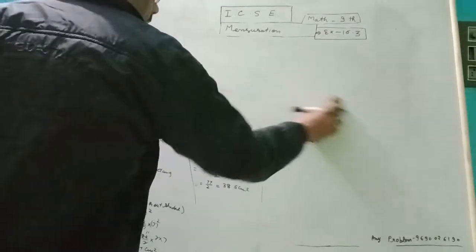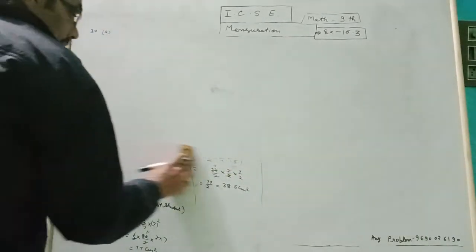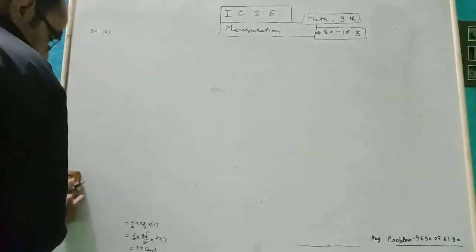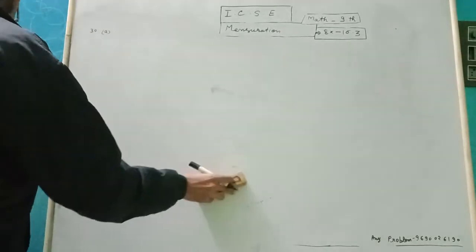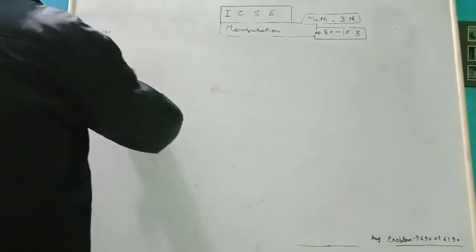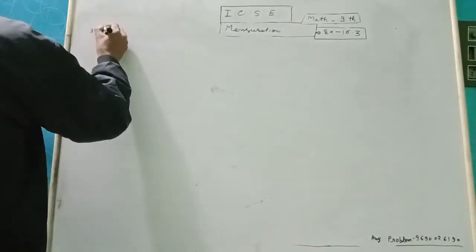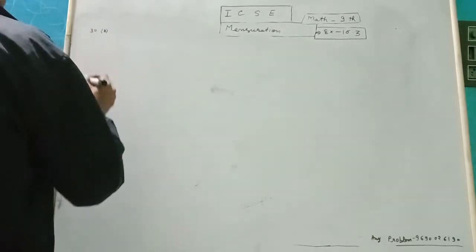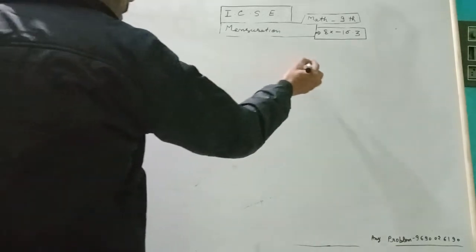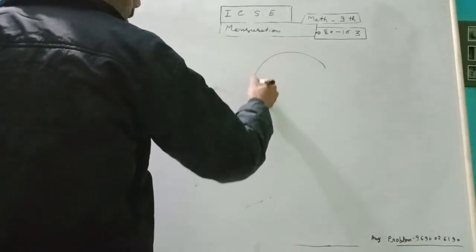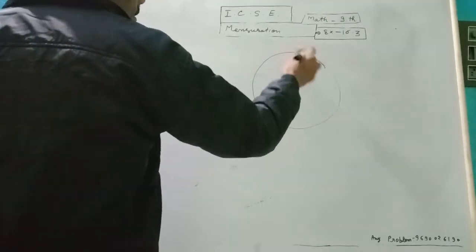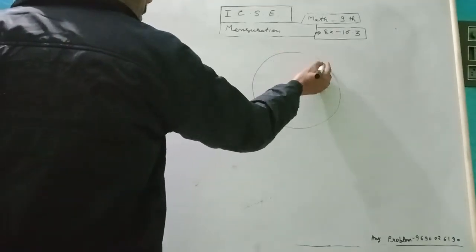Question 30, B part is a circle. Unshaded part is a triangle and a quadrant, 1/4 part of the circle. That is the figure.